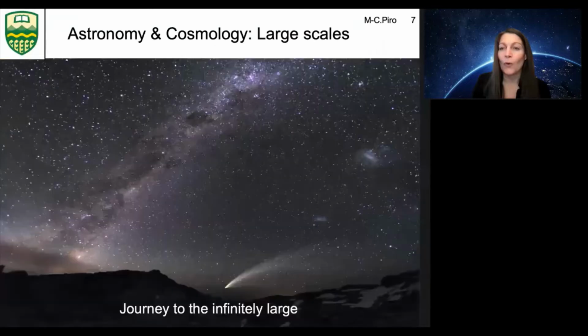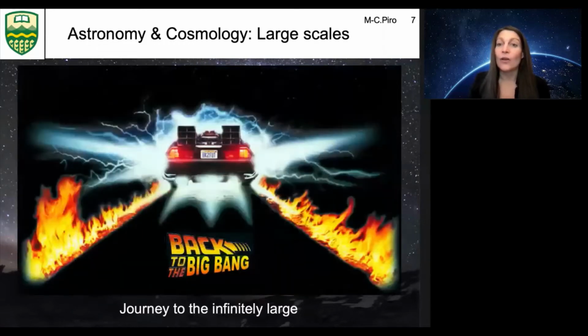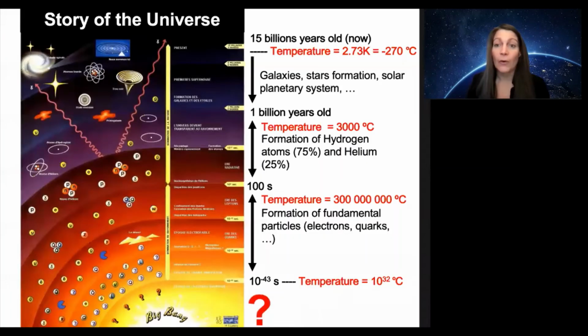So for that, we have here a journey to the infinitely large. And as I said, that means going back in time and going back to the Big Bang. The Big Bang is our current best theory of how our universe began.